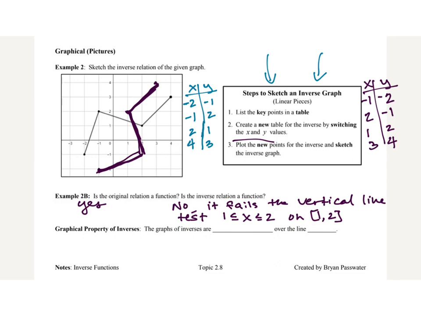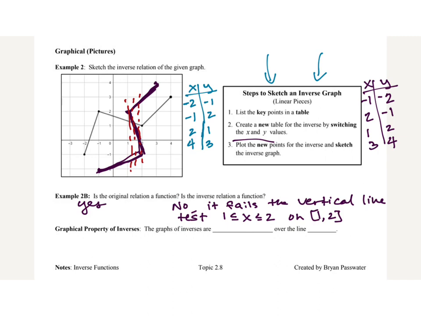If I were to try to draw vertical lines between 1 and 2, it definitely crosses this relation like 3 times, definitely more than once. Right? Any questions on why the new relation is not a function?